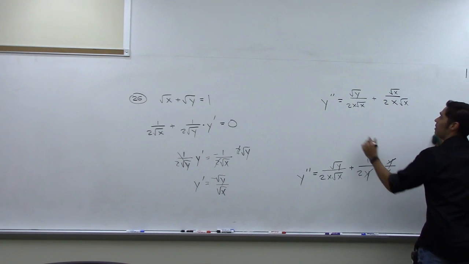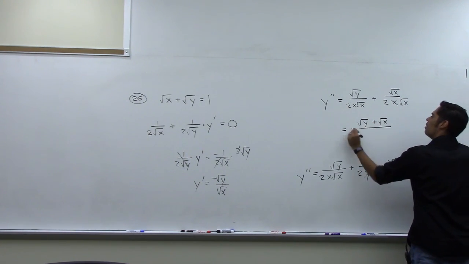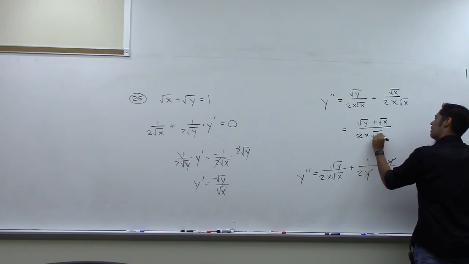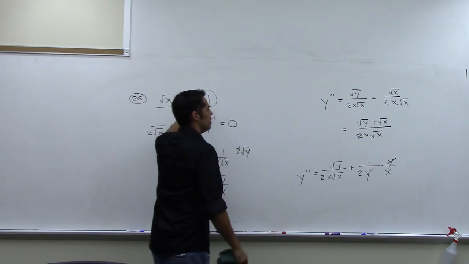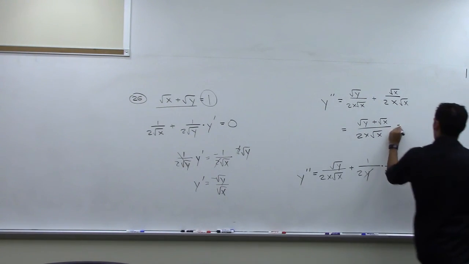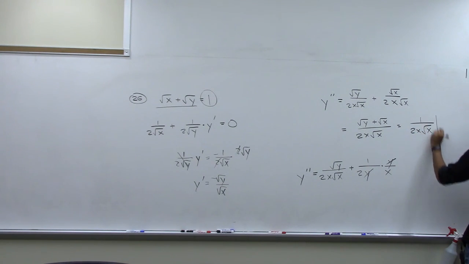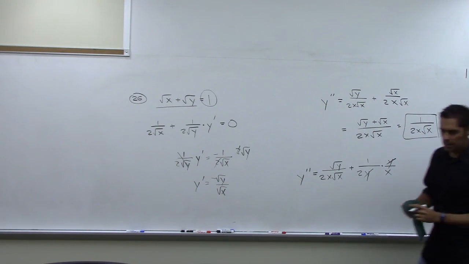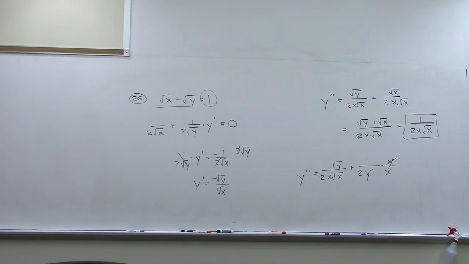So now I have a common denominator. If I put these two together, I get root y plus root x over 2x root x. But I know that root x plus root y is 1. So I get 1 over 2x root x. Okay, I gotta go. That was cool.